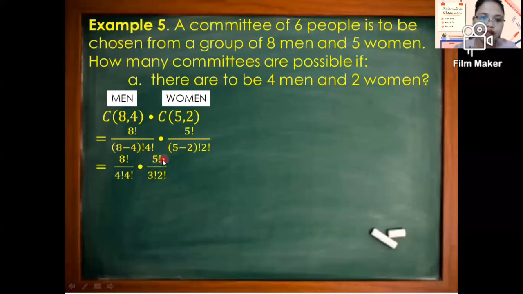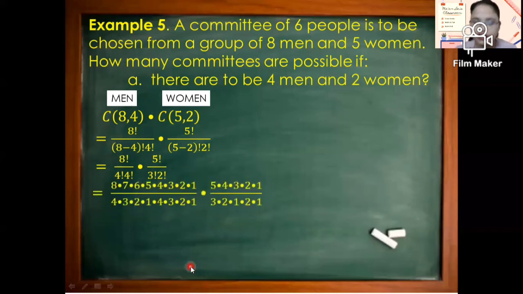Then we have here 5 factorial, then we have 3 factorial since 5 minus 2 is equal to 3. Then copy, bring down 2 factorial. Then expand. Then cancel the common to your numerator and to your denominator. Cancel natin yung 4 times 3 times 2 times 1. Pwede rin ang 3 times 2 which is same with 6 sa numerator.